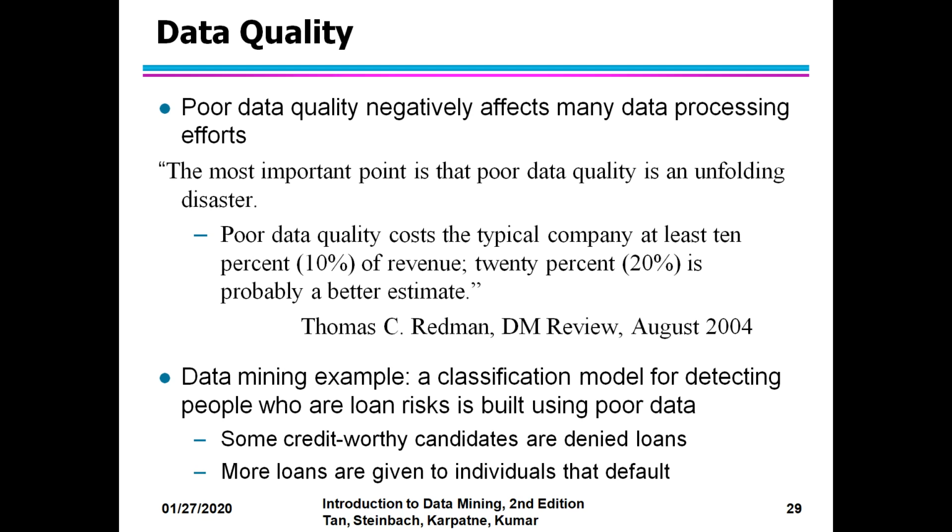If the data I collected is wrong, and I give a loan to a person who is unable to pay it, then creditworthy candidates are denied. Some of the people who were able to repay loans are not given loans, and loans are given to people who are not able to pay. That means more loans are given to individuals that default. Giving a loan to a person who is not able to repay is a result of poor quality data.